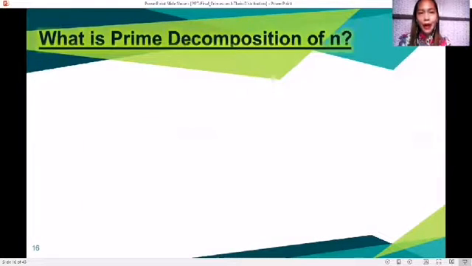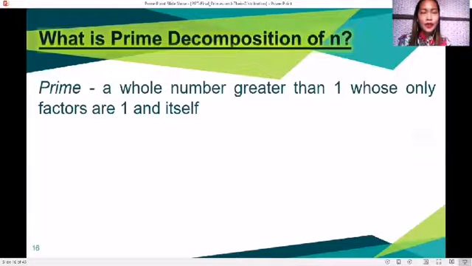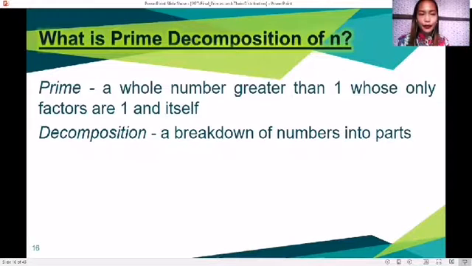Now, what is prime decomposition of n? So let us define first what is prime. As mentioned a while ago by my groupmate, a prime is a whole number greater than 1 whose factors are 1 and itself. Decomposition means a breakdown of numbers into parts.